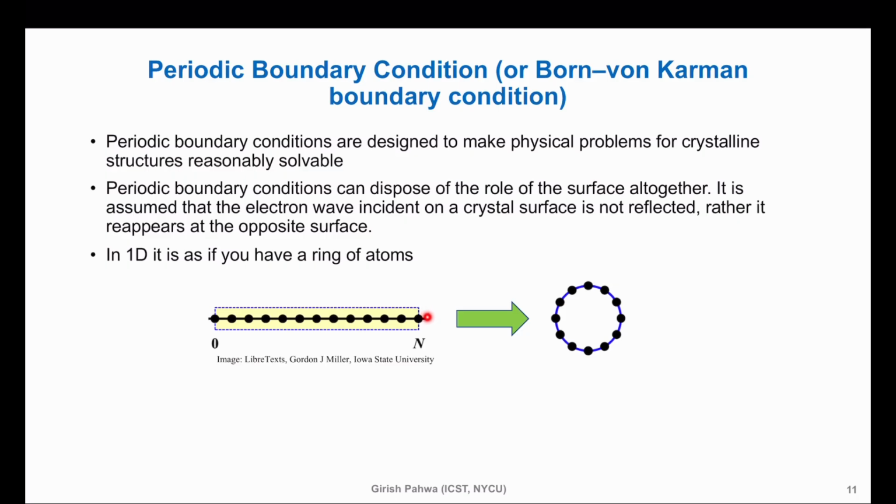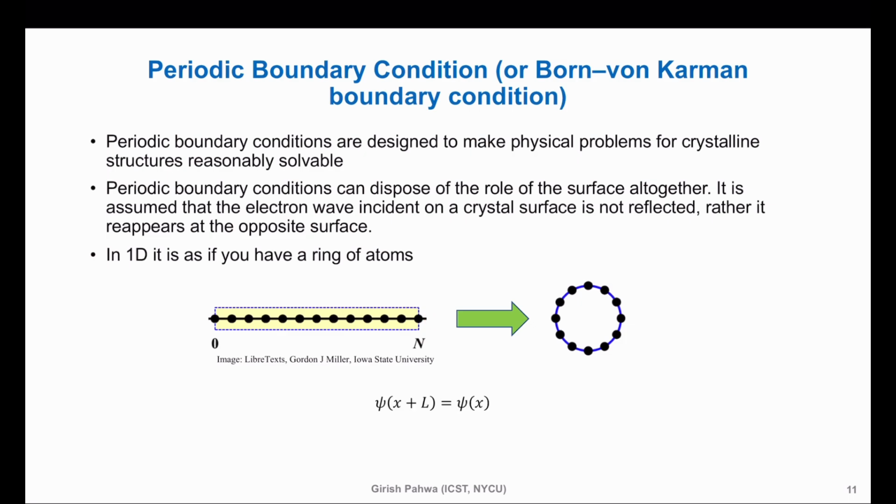That's what I'm assuming. I know this is not the reality, it may not be the real picture, but it's convenient to work with, and it has been found that the solutions obtained from periodic boundary conditions reasonably well explain the experimental results. That's why we are going to go with these conditions. Mathematically they will be easier to work with.